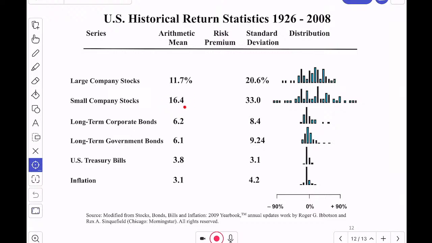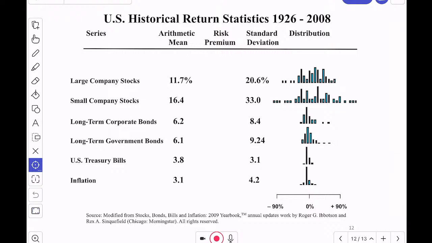So how do we explain that? Well, to incentivize investors to invest in smaller company stock, they need to be compensated. Their return should be higher to take on the additional risk. Look at the volatility of small company stocks on average, much higher than large company stocks.